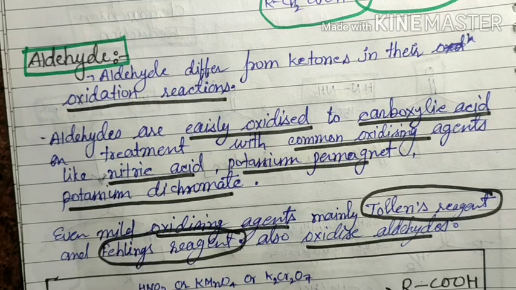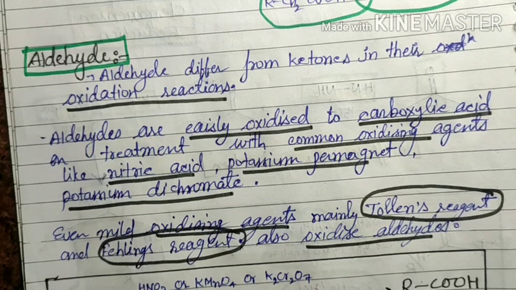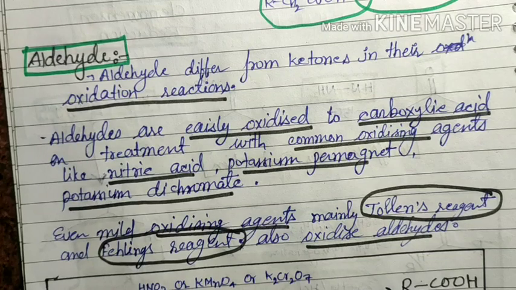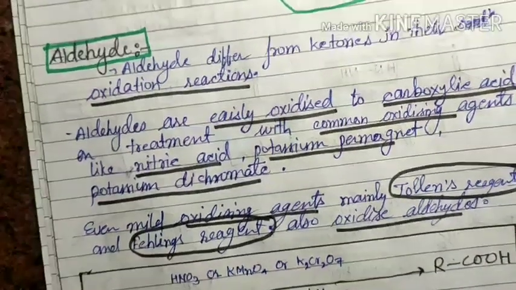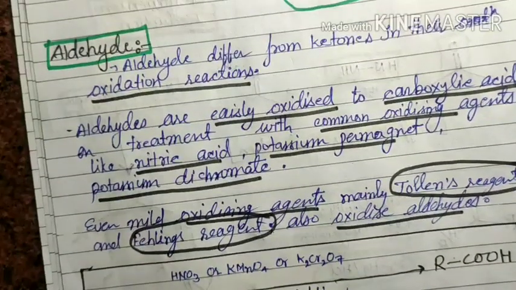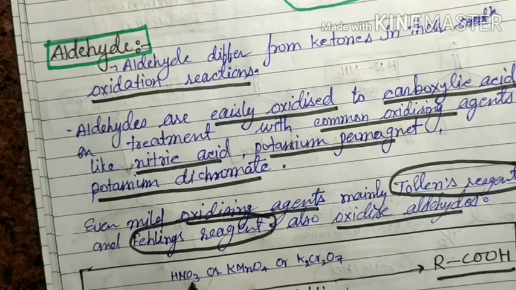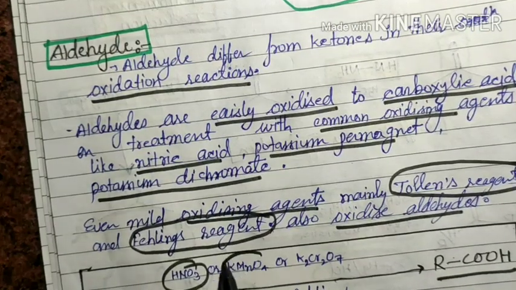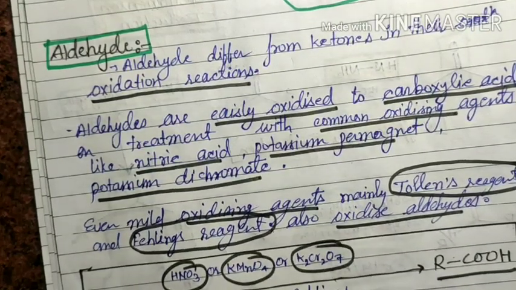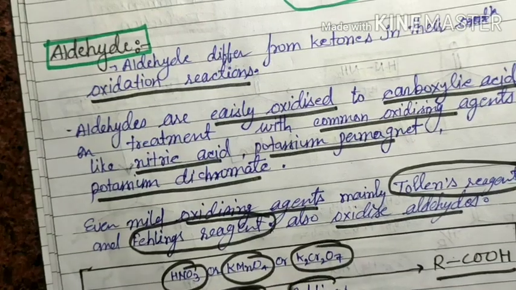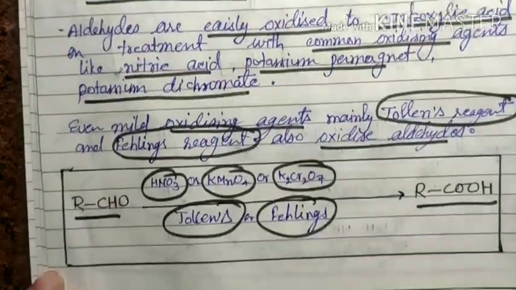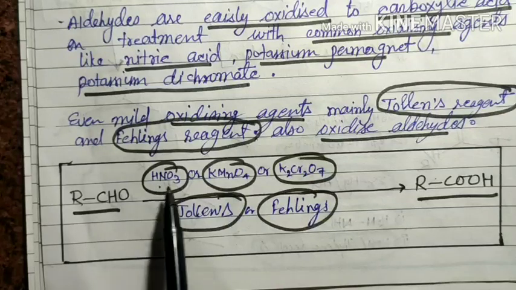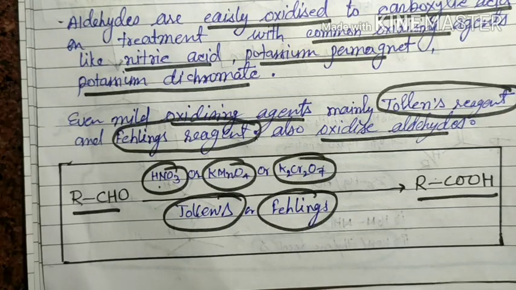On this basis, two tests are used, the Tollens test and the Fehling test, to distinguish aldehyde and ketone. To sum up, aldehyde may convert into carboxylic acid using HNO3, KMnO4, K2Cr2O7, Tollens or Fehling's.